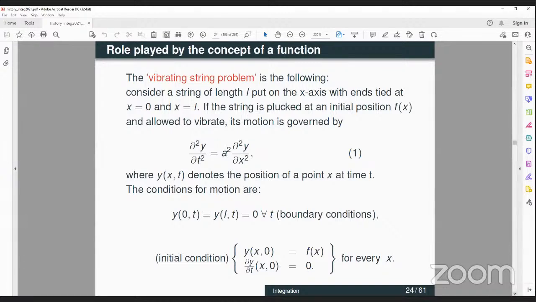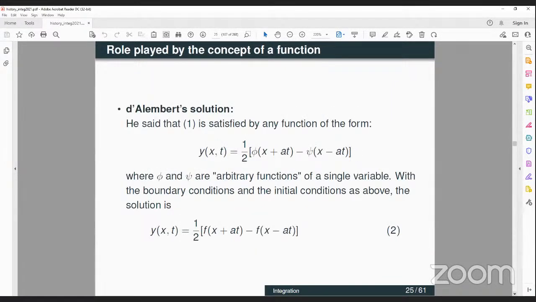So people ask, for this vibrating string, what is the function y? What is the expression for y? At this stage, d'Alembert said y(x,t) is given by the average of the sum and difference of two functions, phi of (x plus at) minus psi of (x minus at), divided by 2, where phi and psi, now here is the crux, are arbitrary functions of a single variable.